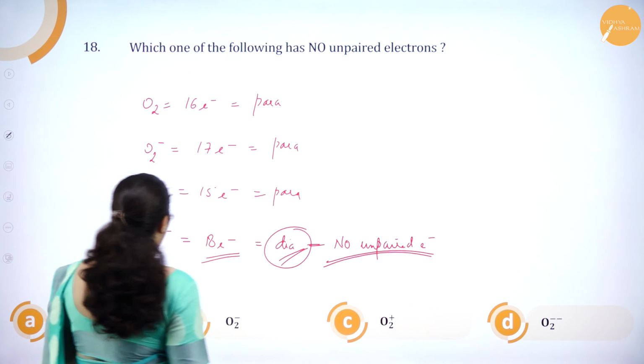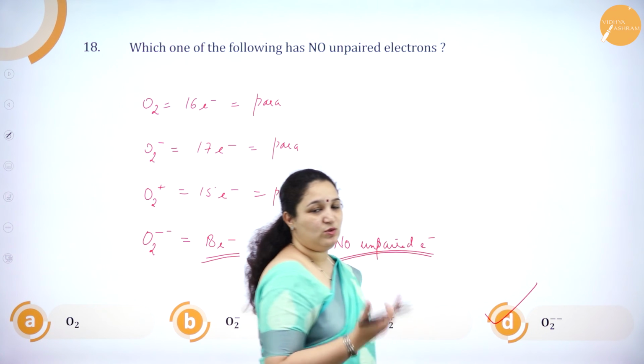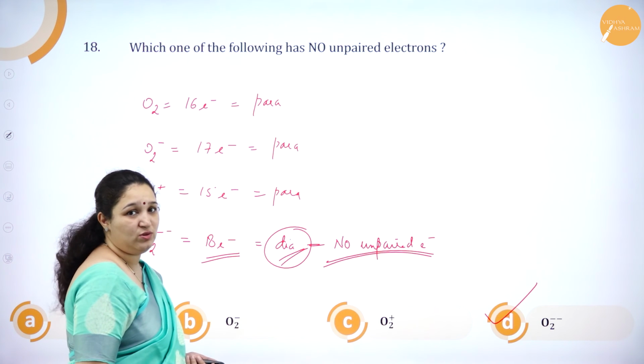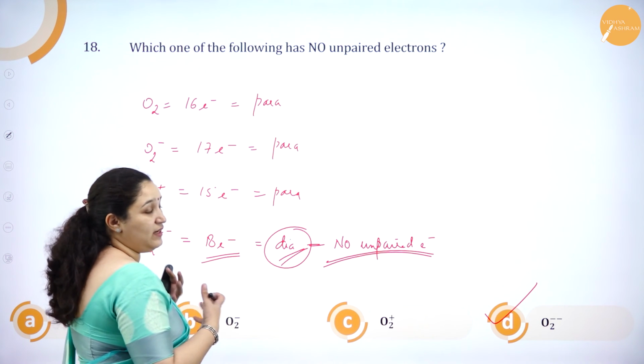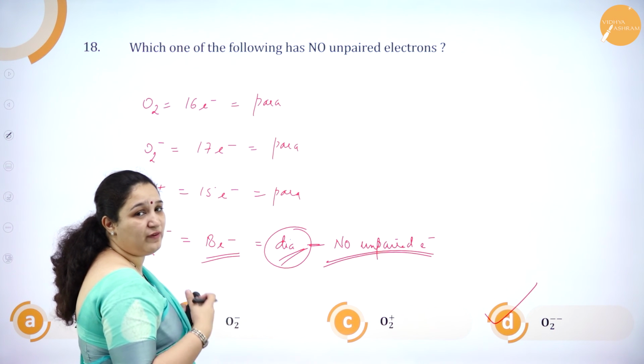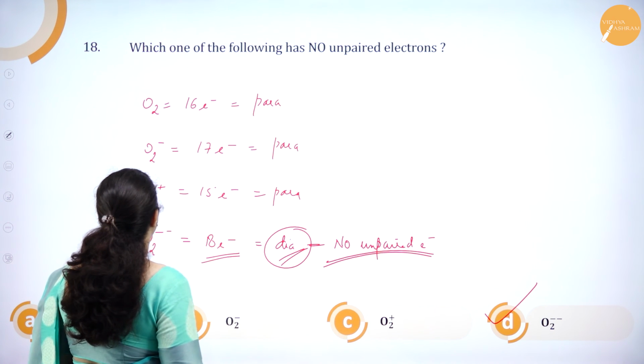So O2 minus minus, option D, has no unpaired electron. This is the shortcut you need to know to solve this. Otherwise, you will have to sit and write the entire electronic configuration to find out whether there is an unpaired electron or not. Okay. Next question.